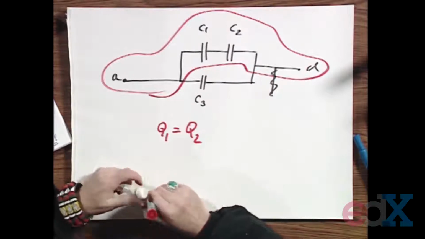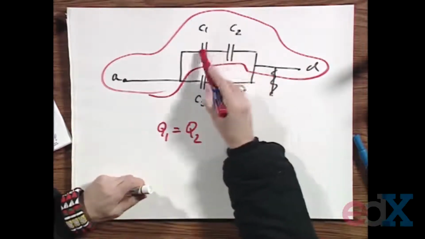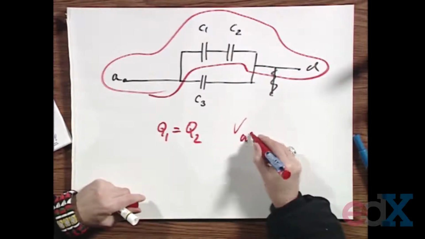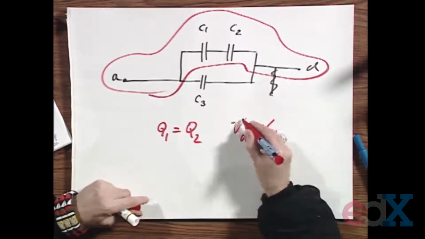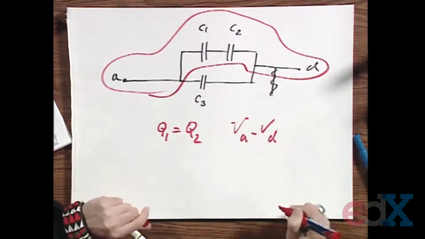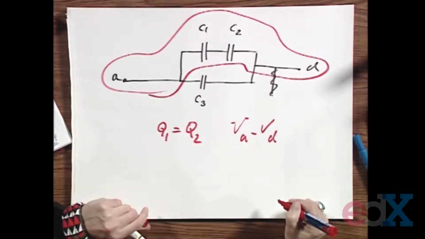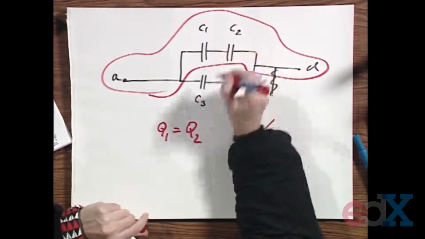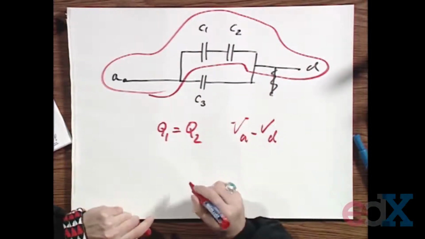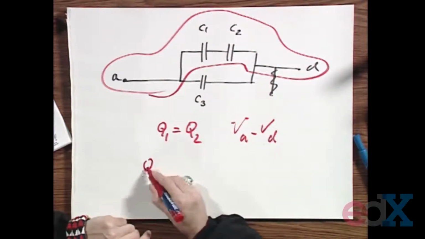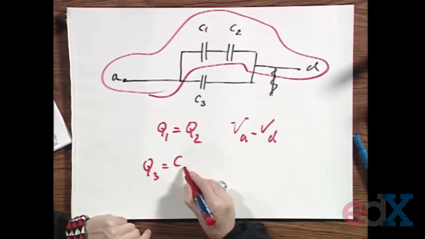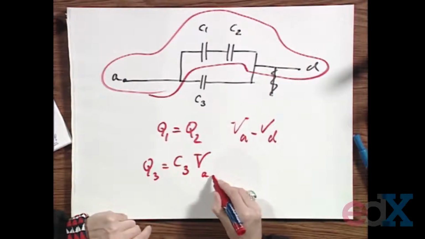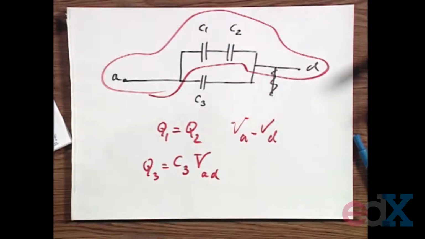And I leave you with the problem, because you do know what VA minus VD is. You know that because we just did that only 30 seconds ago. So you can calculate now the charge on here, and you can calculate the charge on there. Q3 equals C3 times the potential difference between A and D, which we just calculated.